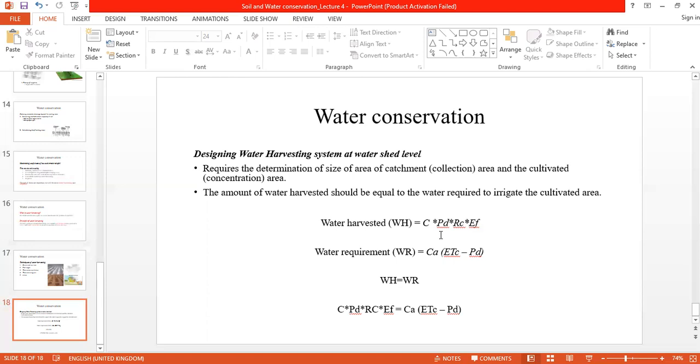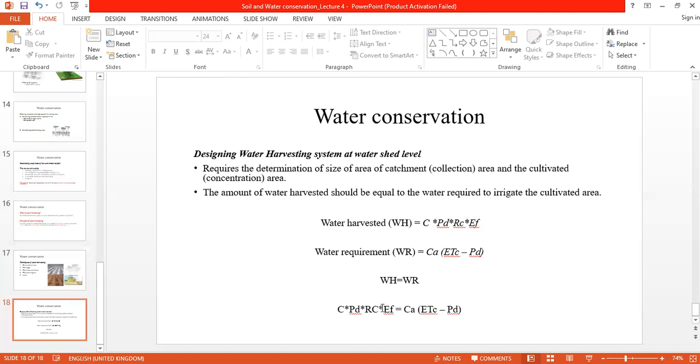So when we equate this and this, it will give us this formula. Of course, the rainfall you will know from your past records, so we have this amount of rainfall. Then the runoff coefficient as well, you will know depending on your soil type.